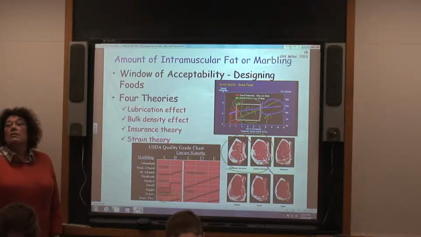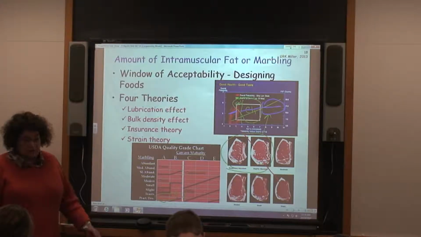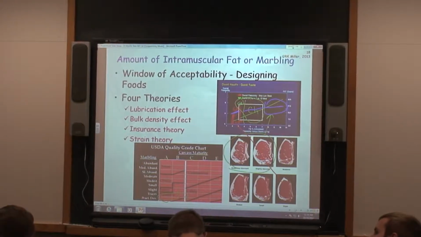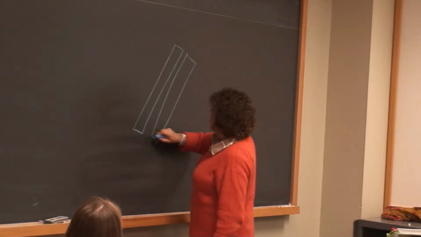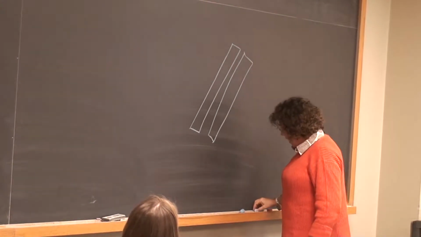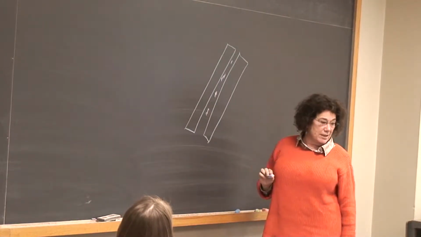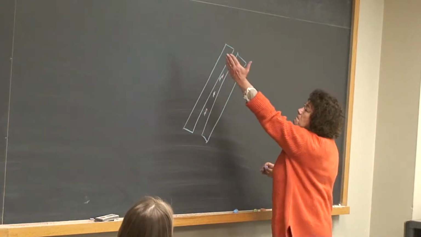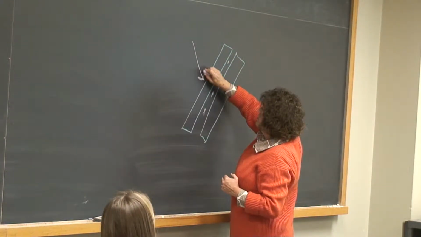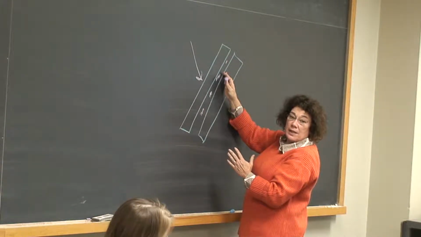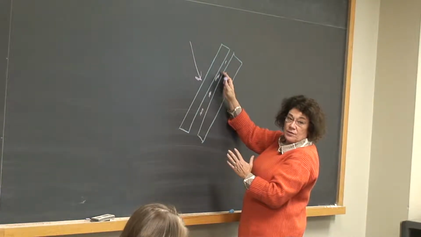So at hot temperatures, we'll just say that this is a muscle fiber. It's a long cylinder, isn't it? And here's another cylinder. And if we have more fat, we're going to have liquid oil in between. So when we bite down on this, they're going to slip. So it lubricates between the fibers.